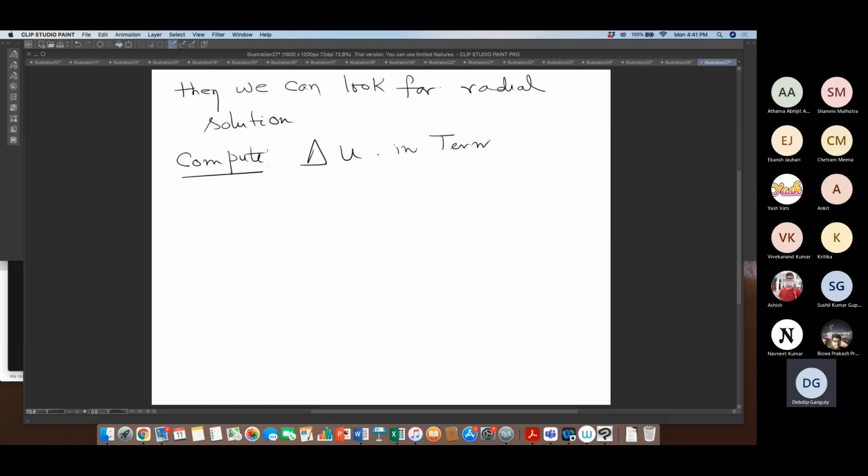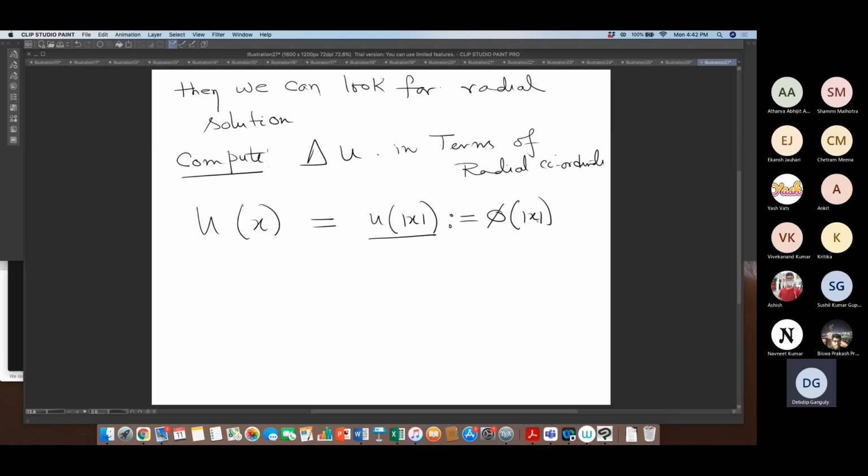Does anyone know how the Laplacian will look if u is radial? That means u of x is given to be u of mod x, but it is always good to write some phi of mod x. This is an abuse of notation. I write u of x equal to u of mod x, but one should write it as phi of mod x. You understand this point? Yes or no?